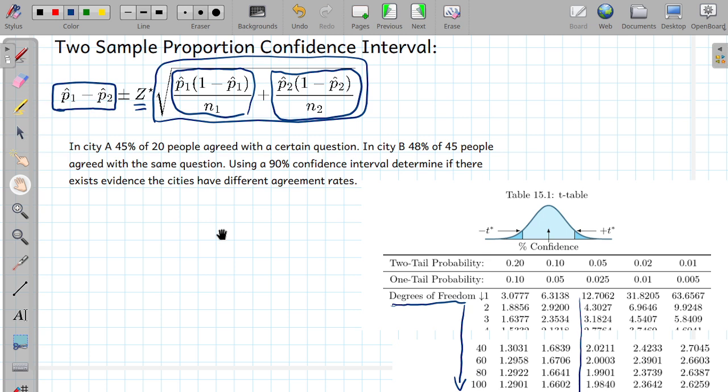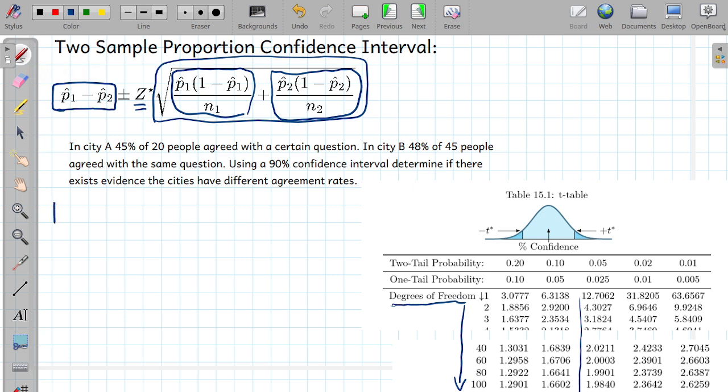Now, we have our formula here that we're going to use at the top. And I like to have the difference between the two proportions with a positive sign. So I'm going to go City B minus City A. And that is not a big deal. That's just how I choose to do it.